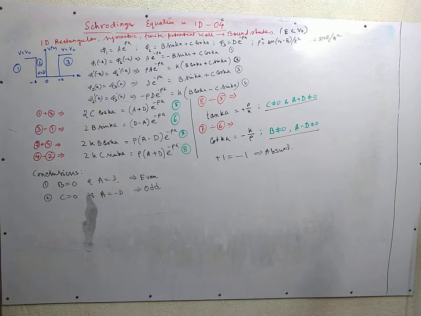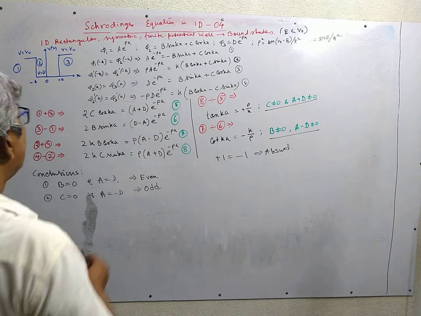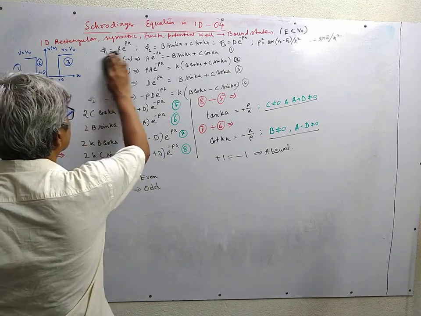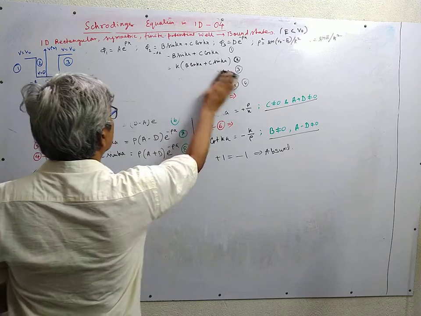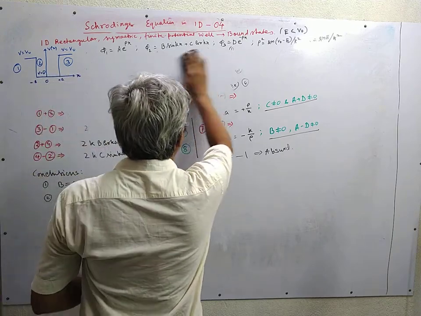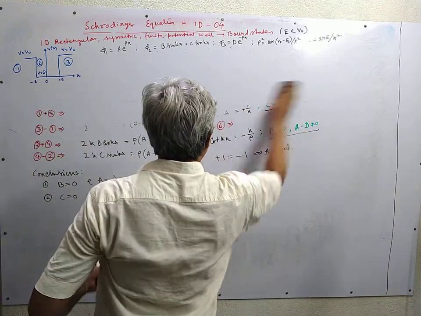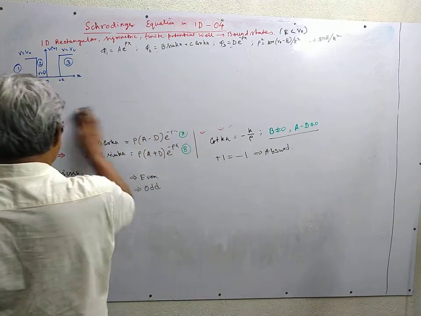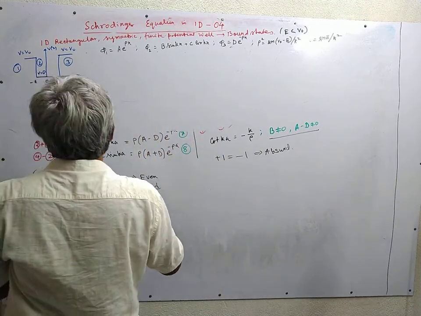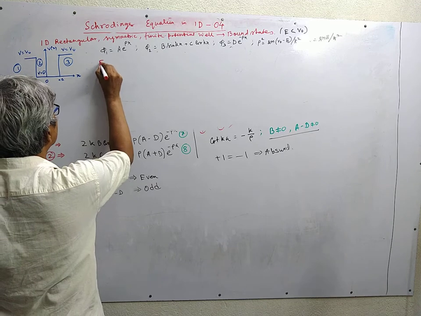So through this lengthy calculation, we come to the conclusion that the wave function for a symmetric well can be split up into two categories. Even state.